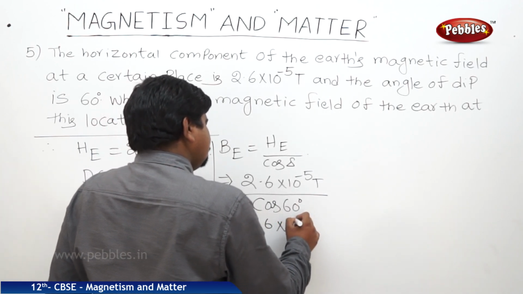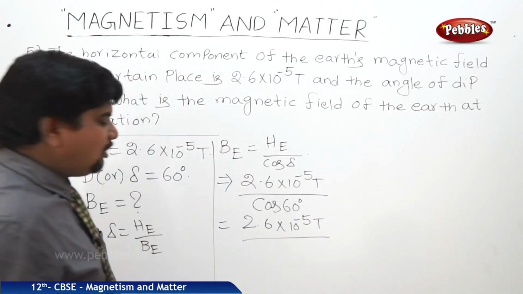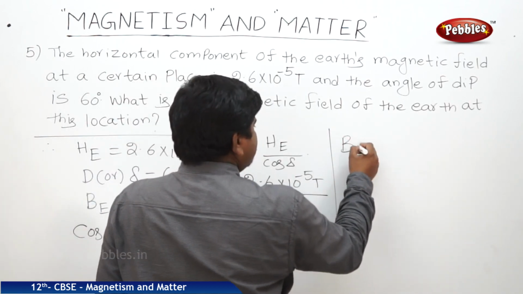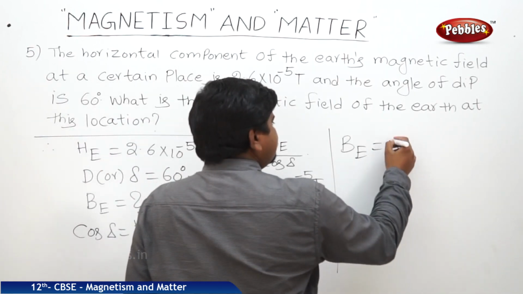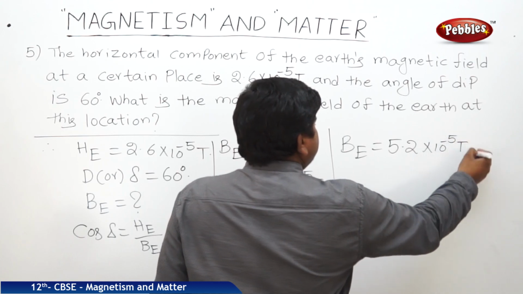Cos 60 is half. So BE is equal to, this 2 will go up, 5.2 into 10 to the power of minus 5 Tesla.